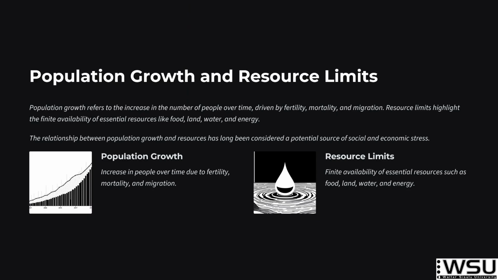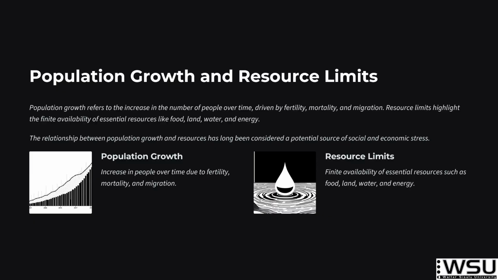So if we look at population growth and resource limits, in population growth you are talking about the increase that happens in our communities or in our countries or in our immediate settings, where the number of people grows over time, and the growth is driven by demographic processes such as fertility, mortality, and migration.